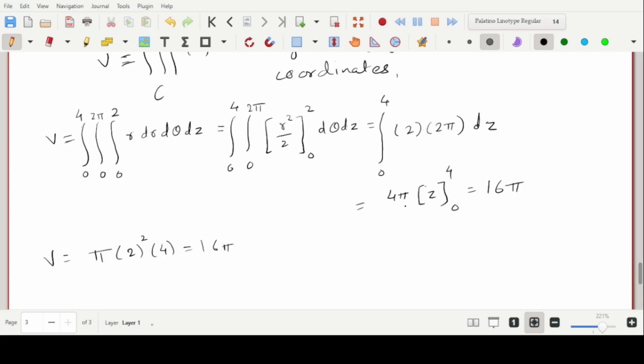That matches with the answer that we get using our high school level formula.